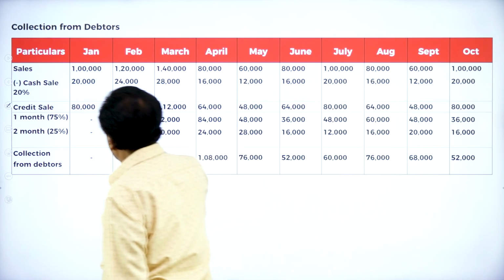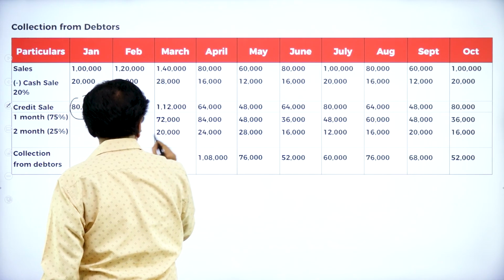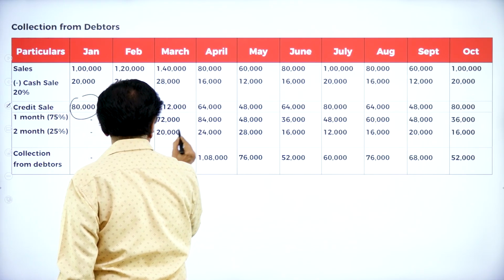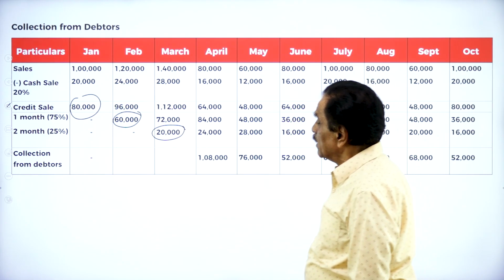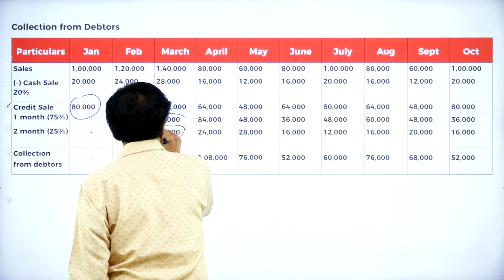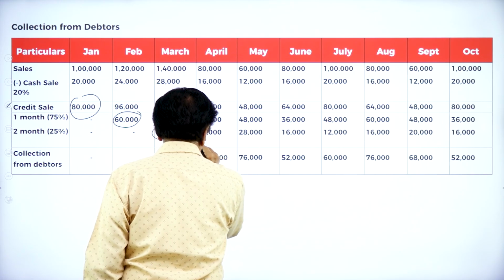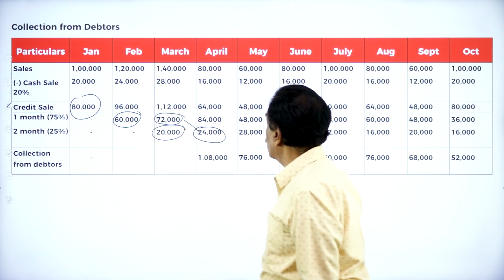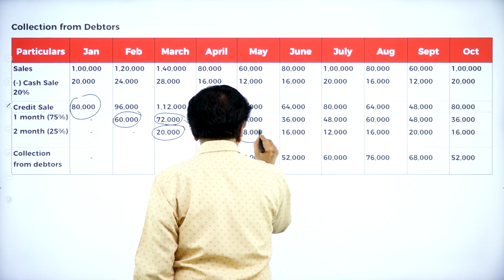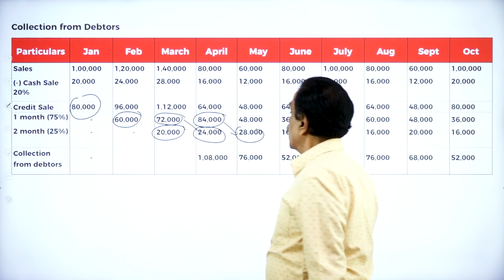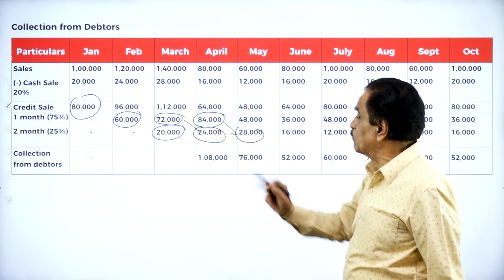Total how much should be collected? 80,000: 60,000 here, 20,000 here. Then regarding the 96,000, 72,000 here, another 24,000 here. Regarding 1,12,000, 84,000 here, 28,000 here.